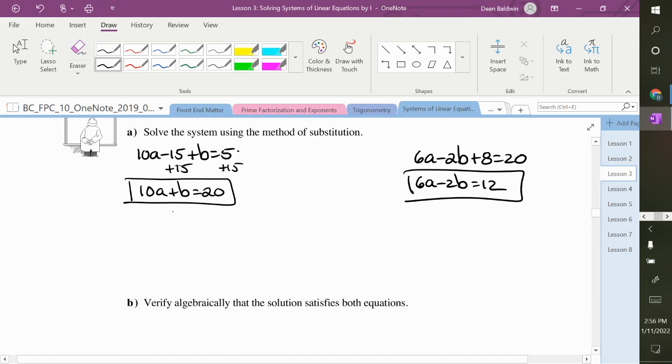So I'm going to move the 10a over, and I'm going to get b is equal to 20 minus 10a. Where does that go now? Into the second equation for b. Right there.